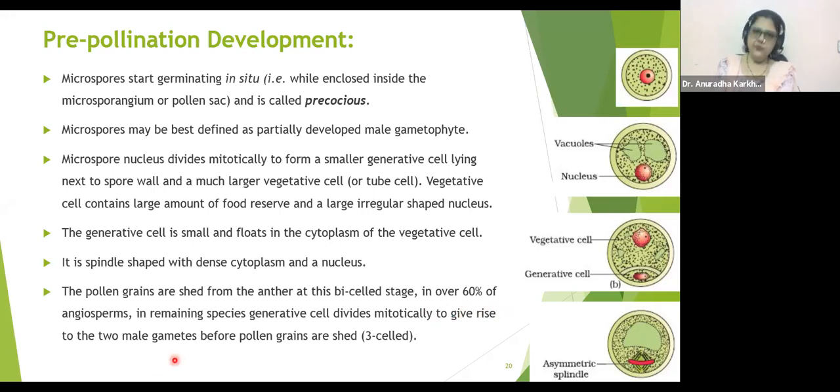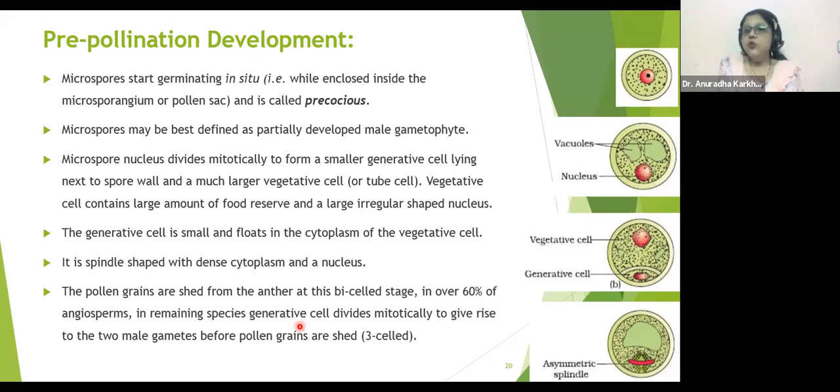In the remaining species, now please understand, 60% of the angiosperms means there are 60% of the types of angiospermic plants, flowering plants, in which pollen grain will be released, thrown out from the anther in this particular condition. Which condition? Two cells. Which are the two cells? Vegetative and generative, right? But what happens in the rest of the 40%?